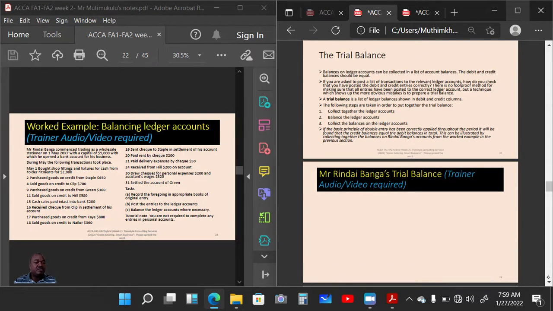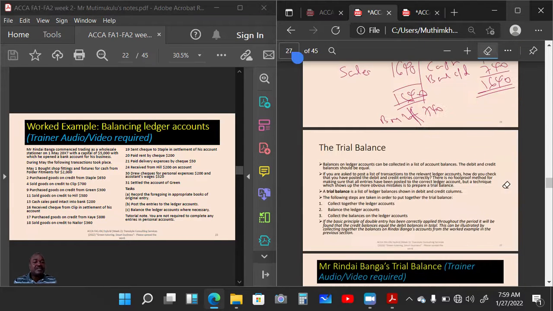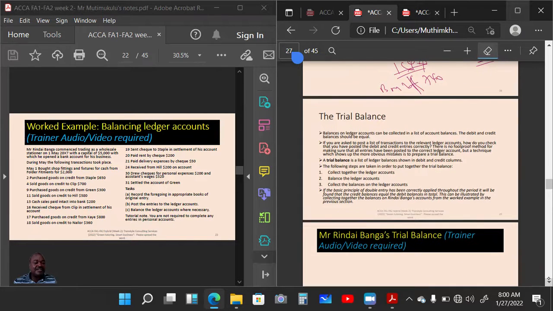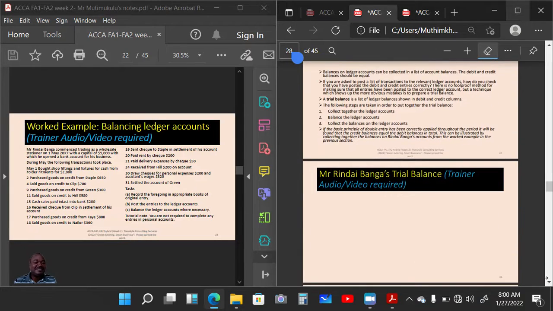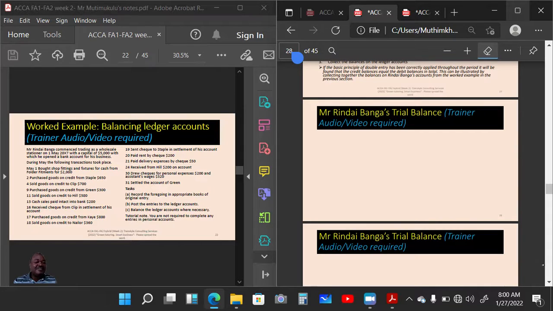Okay, ladies and gentlemen, we have got those notes there. So we just have to do the trial balance, and a trial balance is a list of balances, a list of ledger balances shown in debit and credit columns. So simple, isn't it? We've just done the ledger balances.